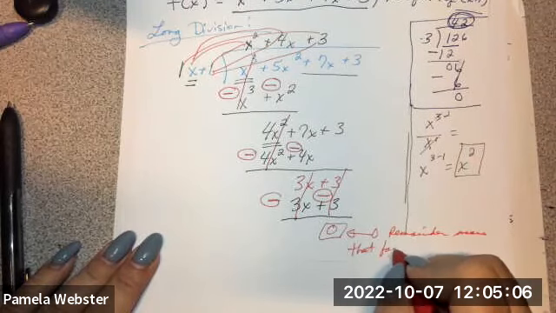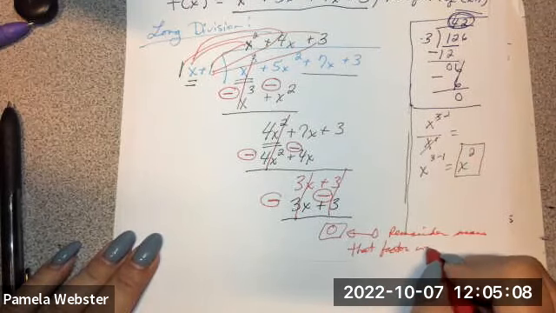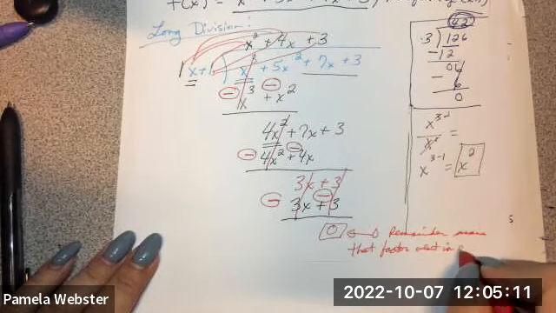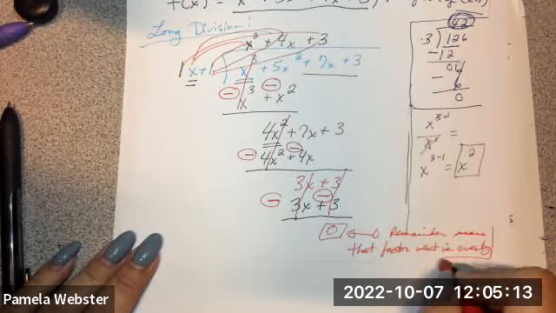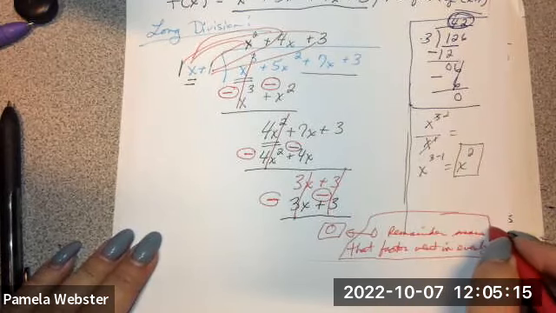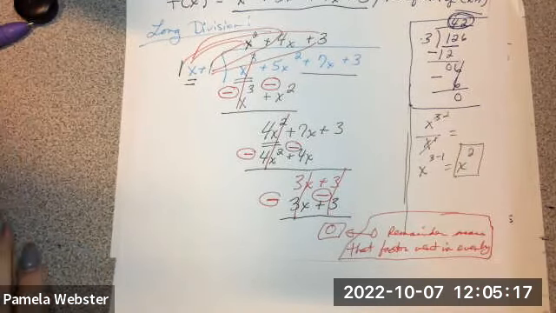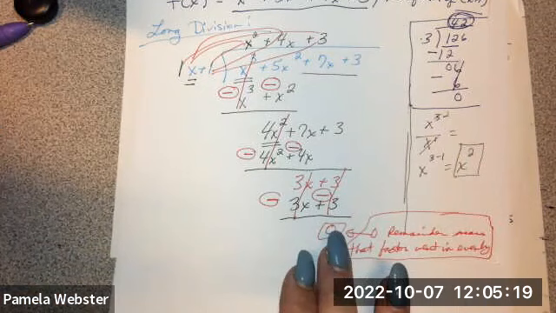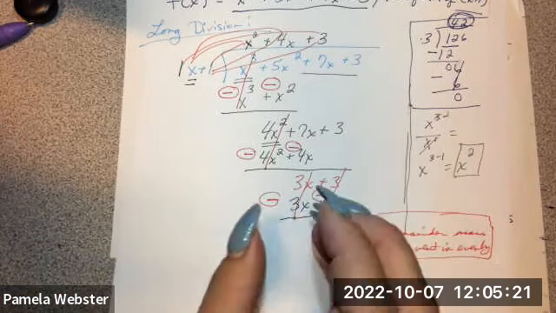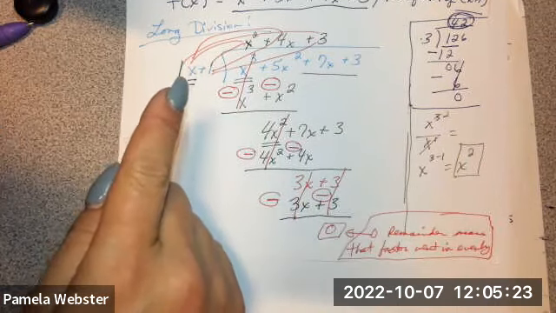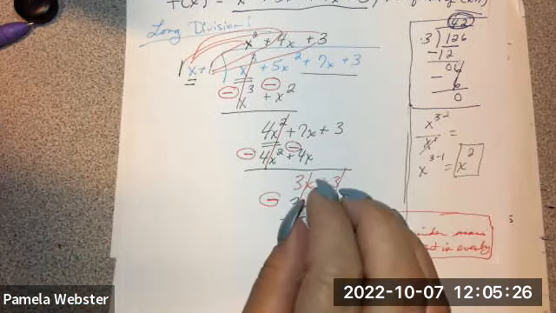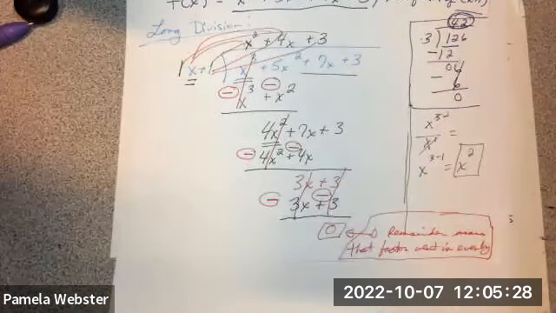That factor went in evenly, right? If it didn't go in evenly, I'd have some other remainder, like maybe a 3 or a 4 or something like that. But when nothing is left over, that means that whatever I put in here, the x plus 1, went very nice and evenly into the overall thing.